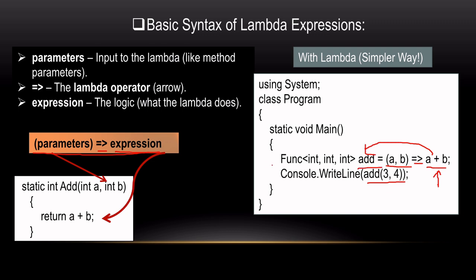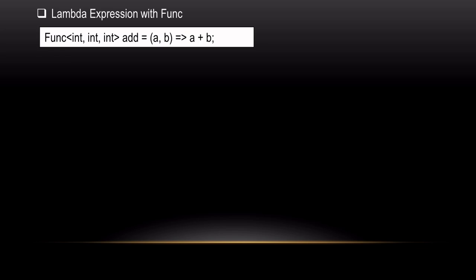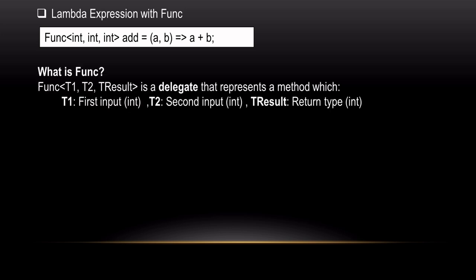So let's discuss Func. What is Func and this int? Here is a lambda expression with Func. If our lambda expression returns something, then we use Func. The syntax is Func<T1, T2, TResult>, a delegate that represents a method where T1 and T2 are the first and second inputs, which are integer type, and TResult, the last one, is the result, the return type.